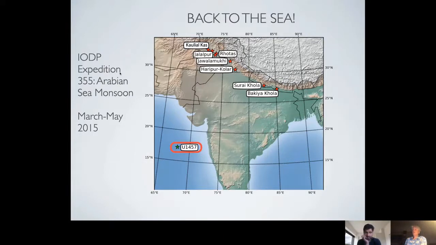There was an expedition from the International Ocean Discovery Program in 2015 that went to here. We drilled 2 sites, and the title of our expedition was the Arabian Sea Monsoon. I wanted to go because I had worked here early in my career, like I said, as an undergraduate.